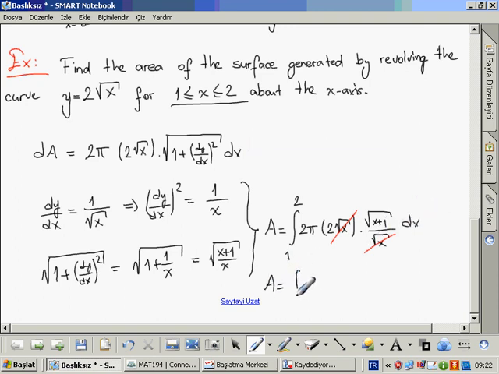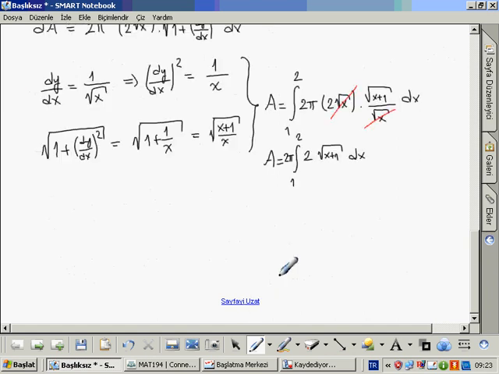The area equals the integral from 1 to 2 of 2 pi times 2 times the square root of x plus 1 del x, and when you integrate this you will obtain A equals 8 pi over 3 times (3 square root of 3 minus 2 square root of 2), in square units because it is a surface area.